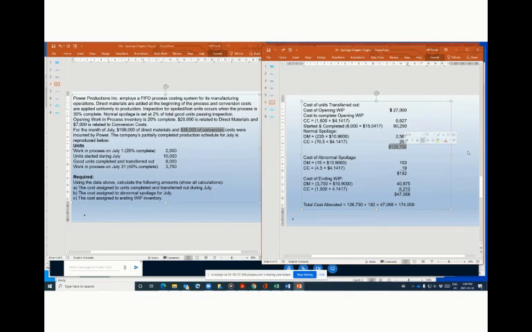So I'm going to debit finished goods for 126,730. And I'm going to credit work in process, because these things are all finished. They're not in work in process anymore, right? 8,000 of them have been transferred out, and 235 of them are in the dustbin.